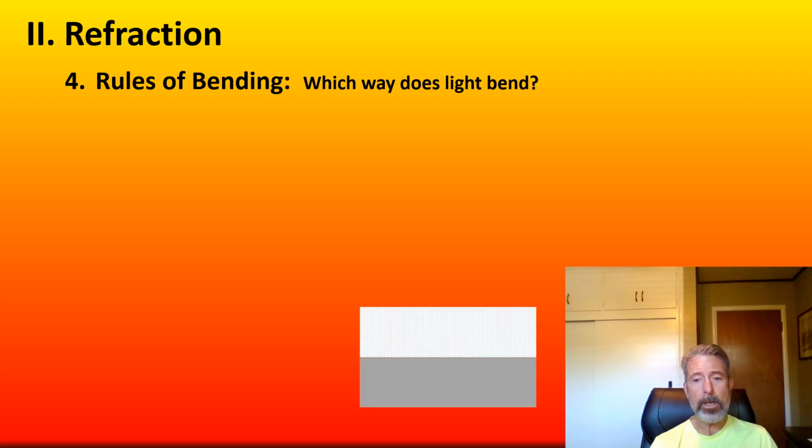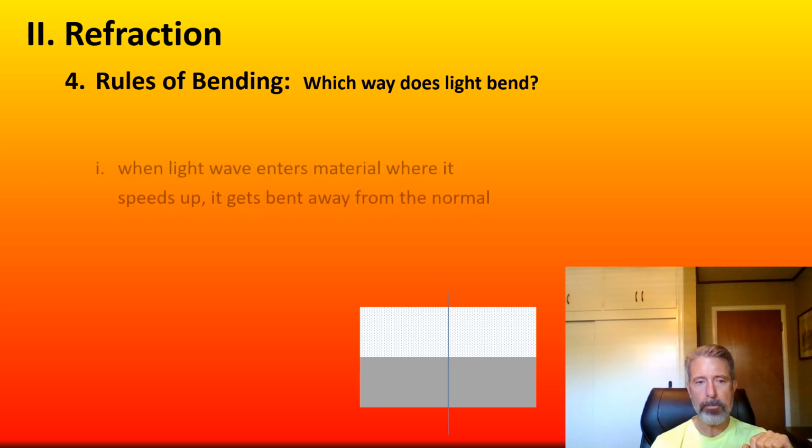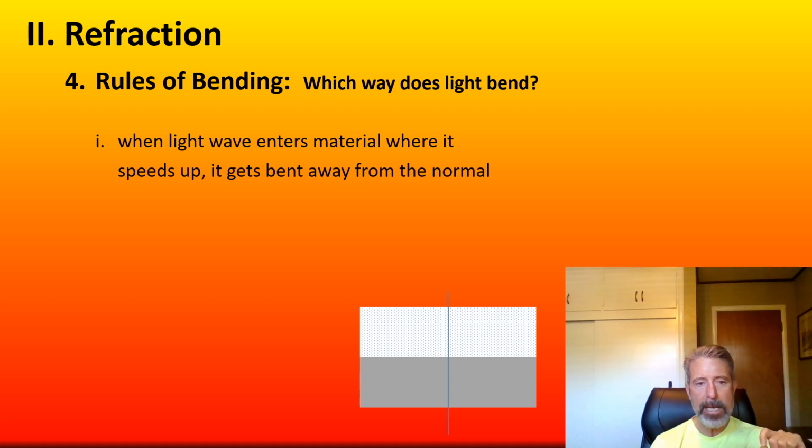Here I'm showing you two different slabs, and the normal to the interface between those two slabs. So we're assuming that light will travel faster in one medium than it will in the other. When a light wave enters a material where it speeds up, the rule says that it gets bent away from the normal.